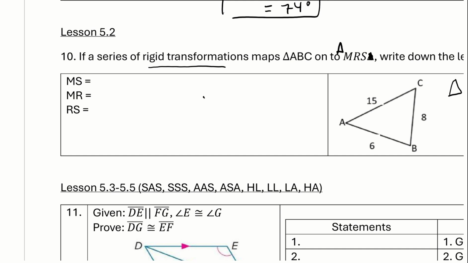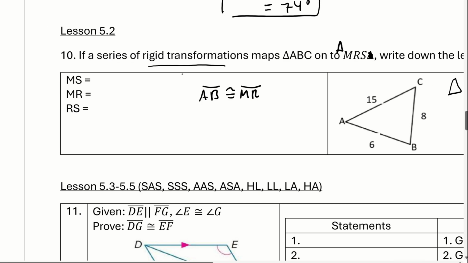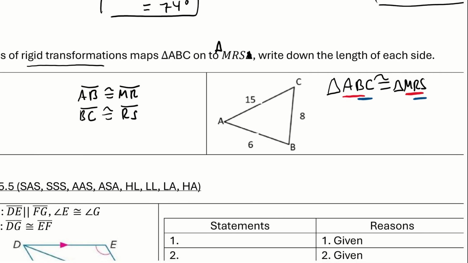So I'm going to say, okay, AB is congruent to MR. And we can see from the statement, BC is congruent to RS, right? So BC is congruent to RS. And then the last one, we can see from the statement, AC is congruent to MS.